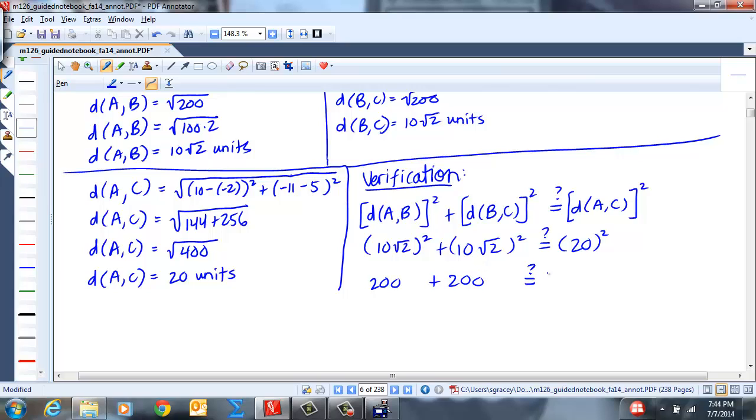Is that equal to 400? And yes, 400 equals 400. Check. That is true. So we have verified that triangle ABC is a right triangle.